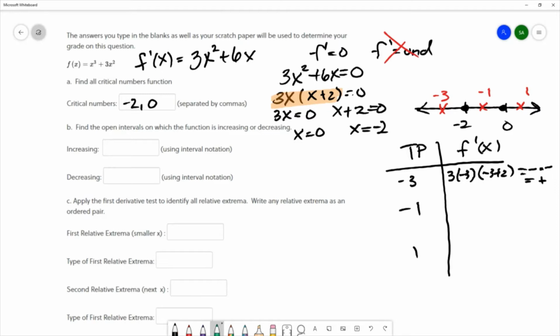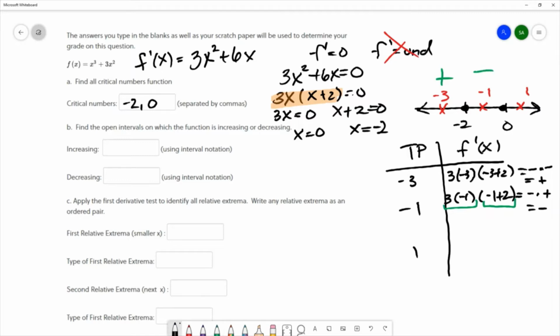So on this interval, we have a positive. On the next one, we have 3 times -1 times -1 plus 2. This portion is negative, and this portion is positive. A negative times a positive will give me a negative on that interval.